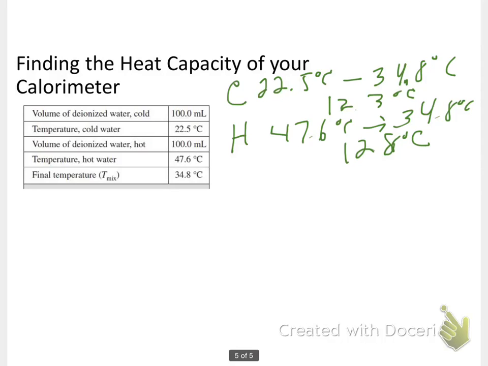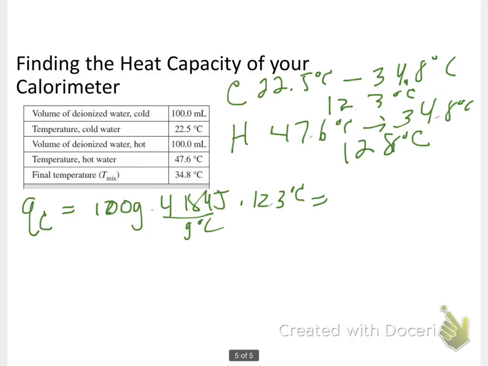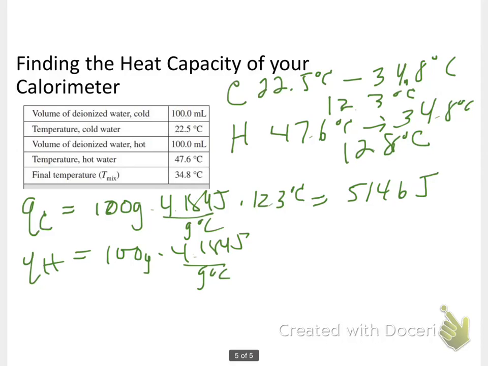Let's start with the math. The Q for the cold is 100 grams times 4.184 joules per gram degrees C times 12.3 degrees C, which gives us 5146 joules. I do the same thing with the hot: 100 grams times 4.184 joules per gram degrees C times 12.8 degrees C, which gives me a value of 5355 joules.